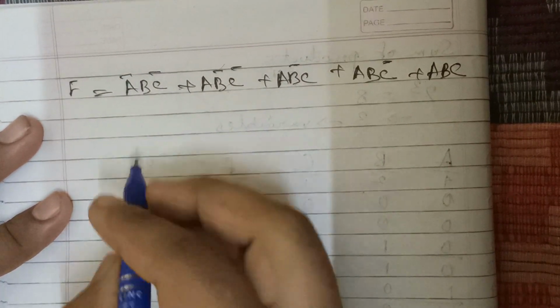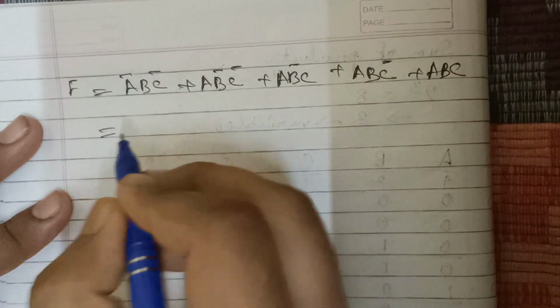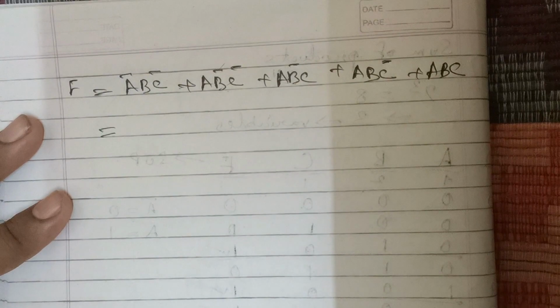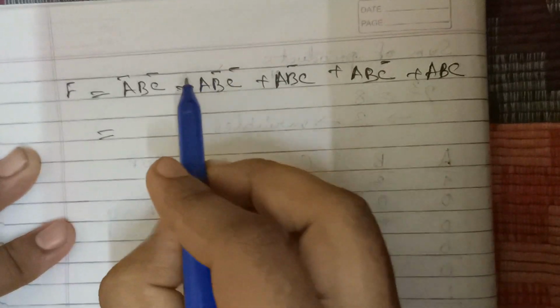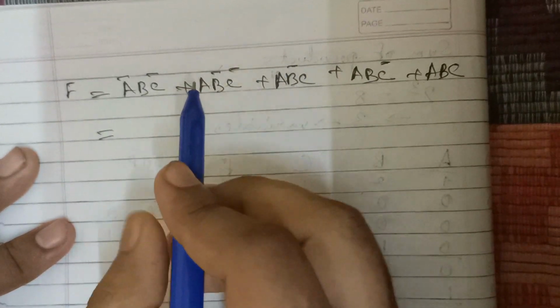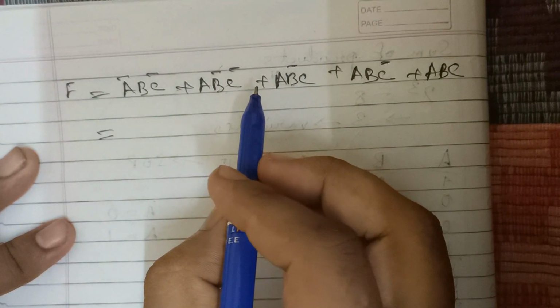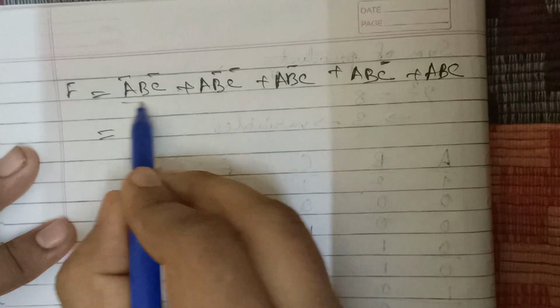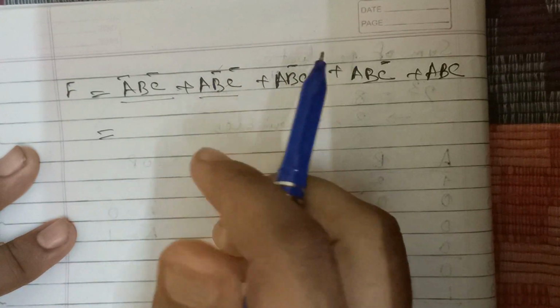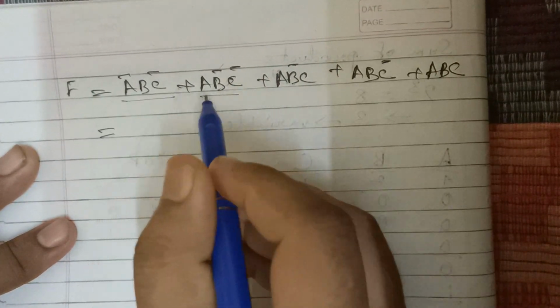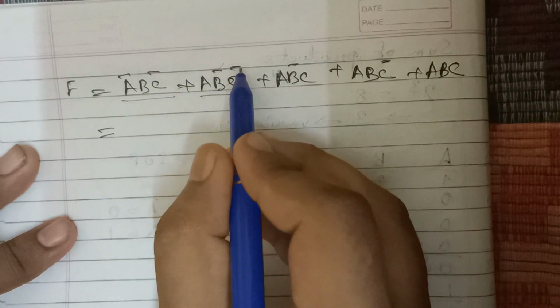Using the Boolean algebra laws, we need to minimize this. Let us consider this one and this one, such that they have something in common. We can see that here C bar is common.